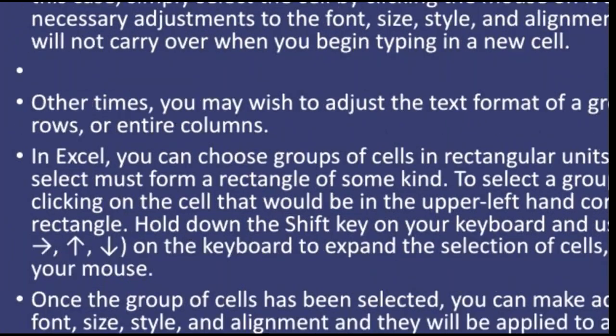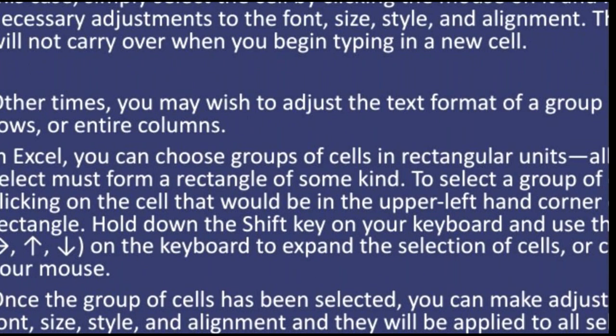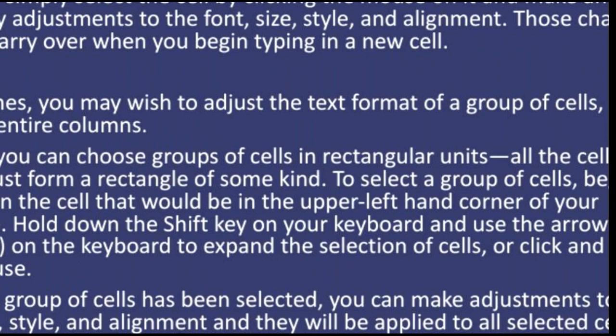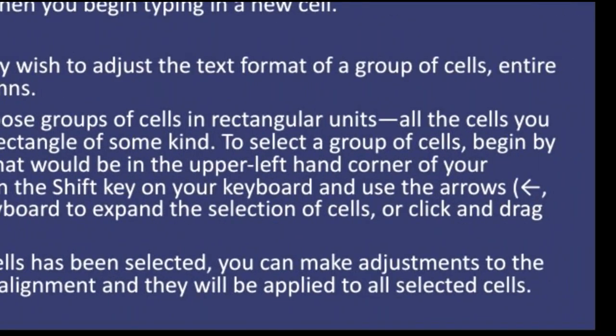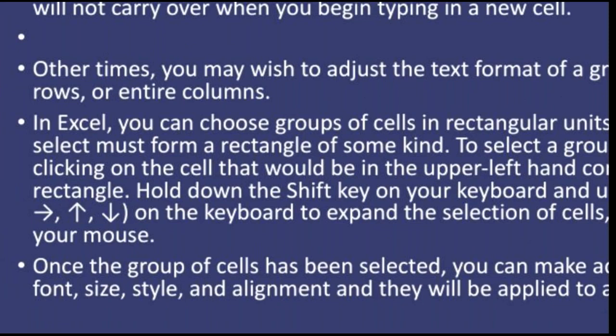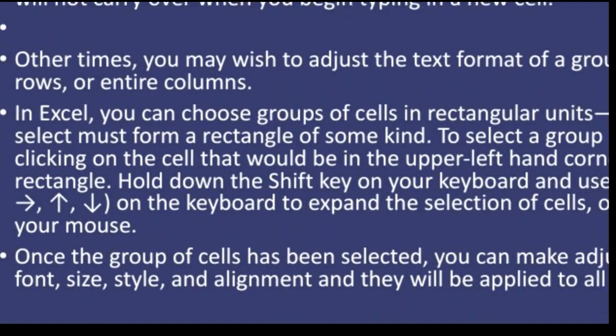Now, other times you may want to adjust the text format of a group of cells, or entire rows or columns. In Excel, you can choose a group of cells in a rectangular unit.